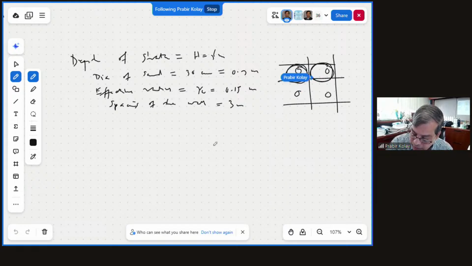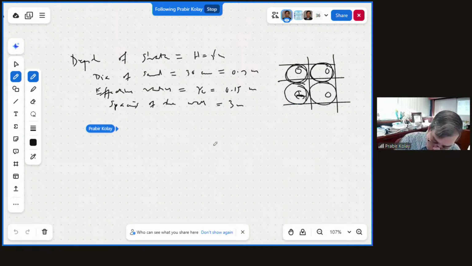We need to find out how much is the influence zone. So this is the effective diameter. We need to find the distance from the center to the edge of the influence zone. If I say this is R, then for a square pattern the value will be 0.564 times the spacing of the well. In this case, the spacing of the well is 3.